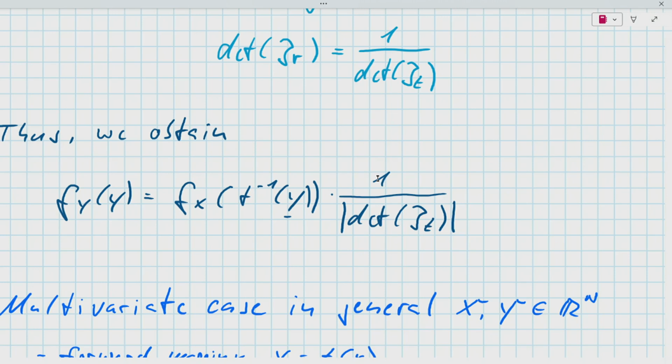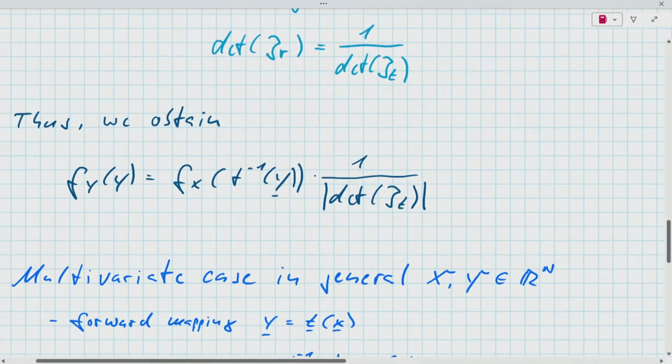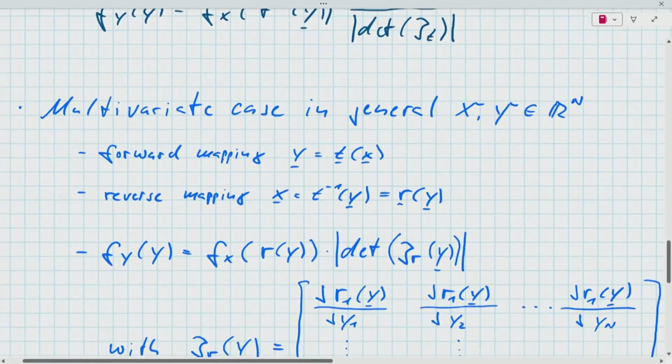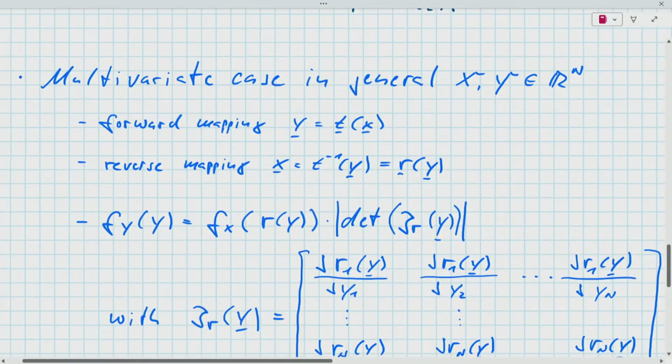And then we can now go to the general multivariate case, when we have two random variables, x and y, and they are both from R to the n, so n-dimensional real space.